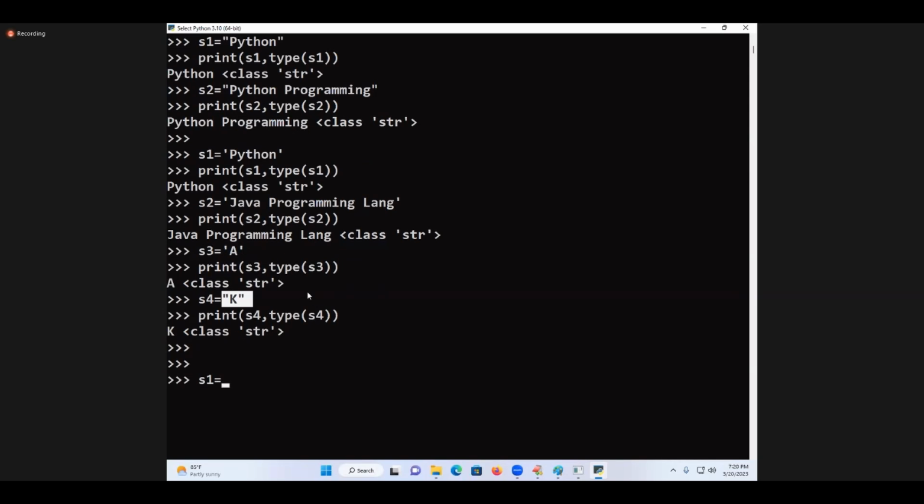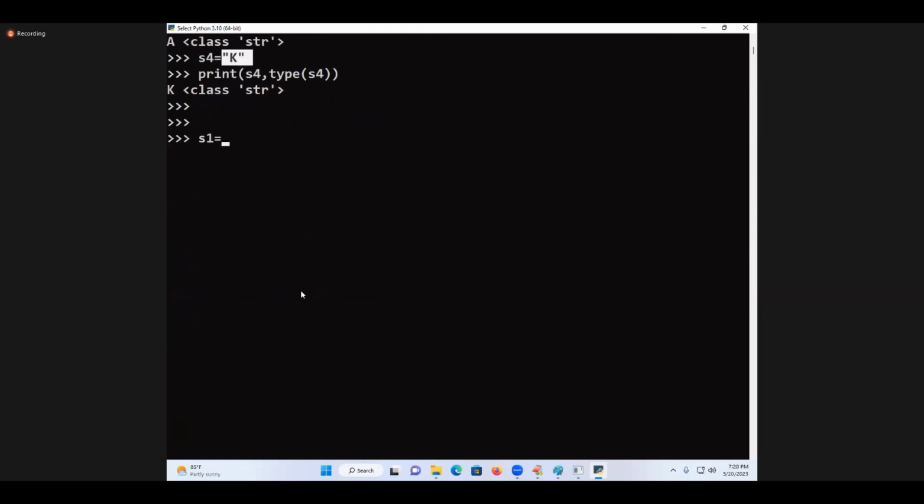Now coming to my dear students, inside double quotes 1, 2, 3, 4, 5, 6, 7, 8, some numbers you enter. What is that actually? It is int type. But I am writing it within quotes. What is that? str. Print s1 comma type of s1. Very, very important. What is this type? str.